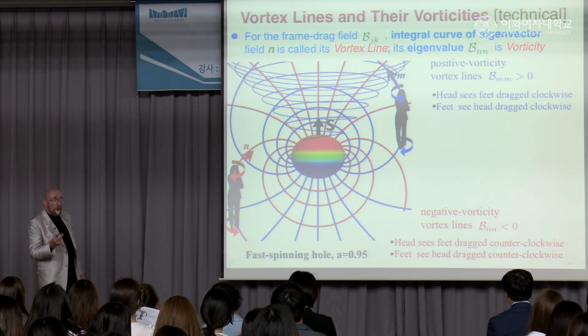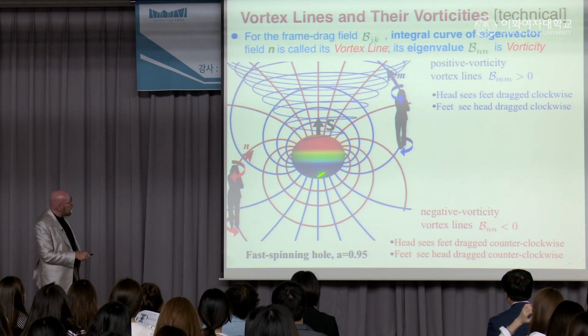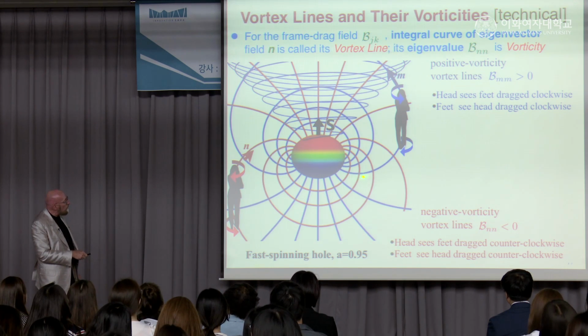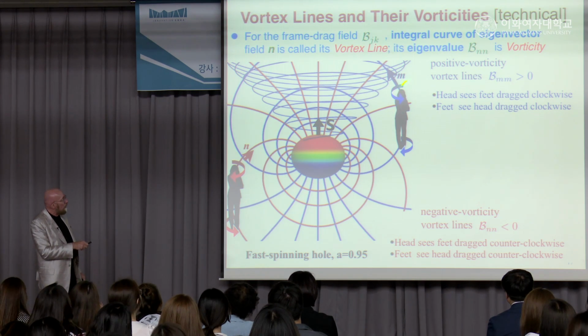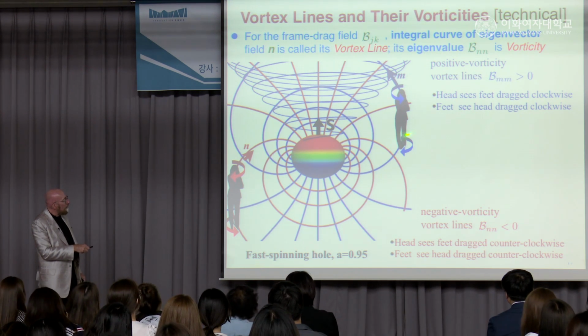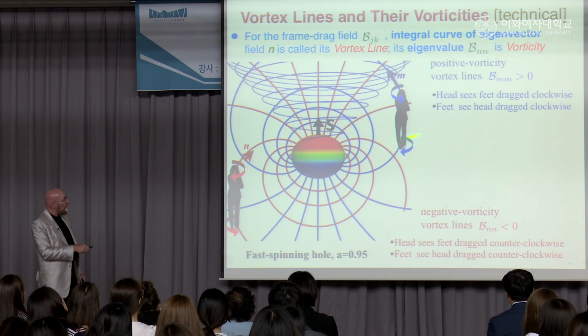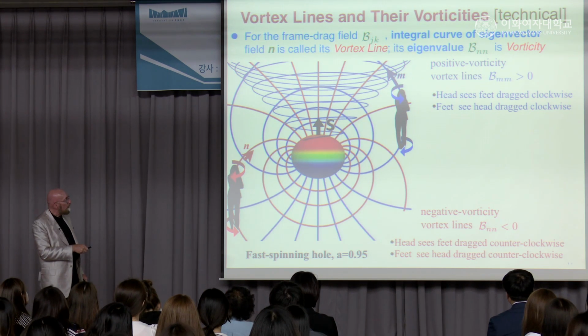And so to return to my earlier description, if I look at this blue vortex line, and I place my physicist along that blue vortex line, when she looks at her feet, they are moving clockwise relative to her head, or a gyroscope at her feet is moving clockwise. Her feet look at her head, the gyroscope at her head is moving clockwise.